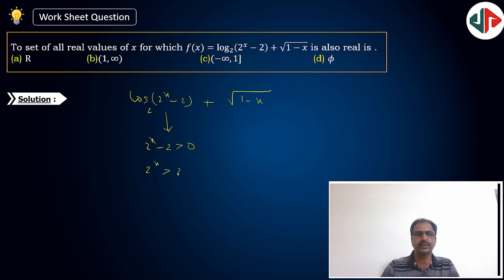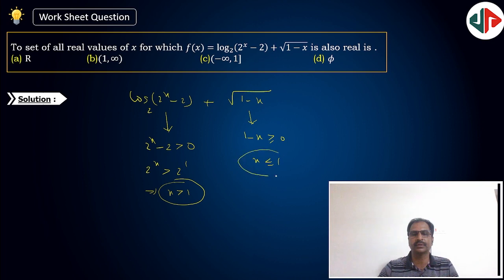So 2 power x is greater than 2, x greater than 1. Here 1 minus x should be greater than or equal to 0, x less than or equal to 1. x greater than 1, less than or equal to 1. What is the number greater than 1 and less than 1? No number is possible. And for x equal to 1, this function is not defined because log 0 is undefined.